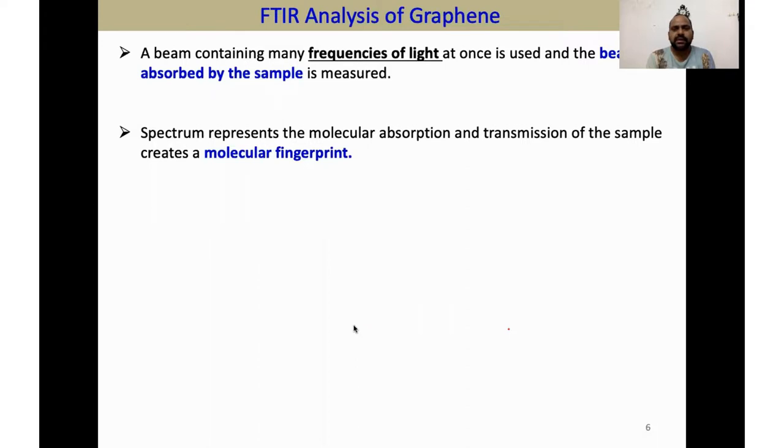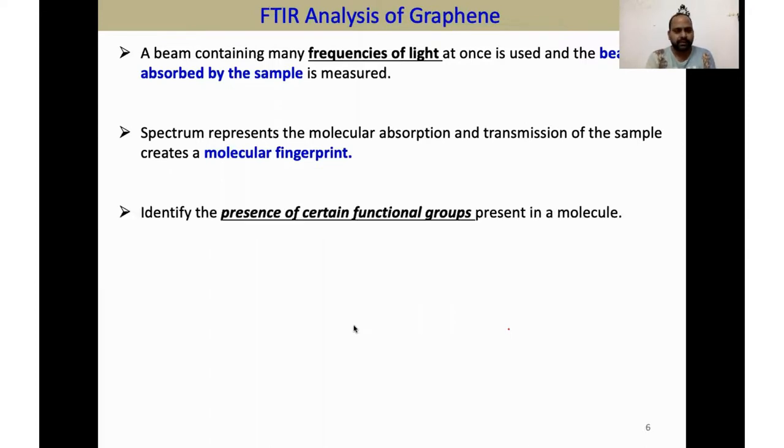We cannot get the structural information exactly, but we can get what kind of association the molecules have with the structure, or what kind of bonding is there with other molecules or within the molecule. So we can identify the presence of certain functional groups in a molecule.